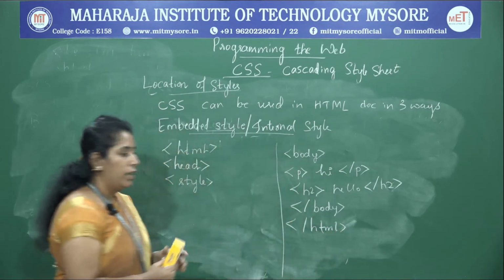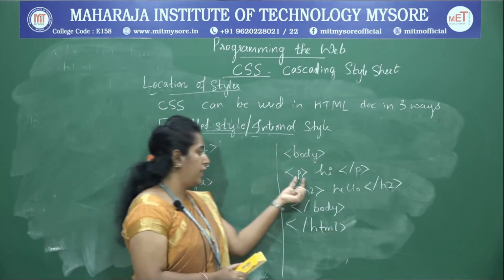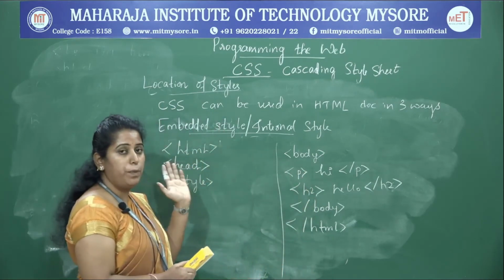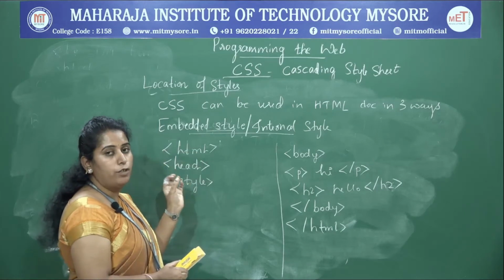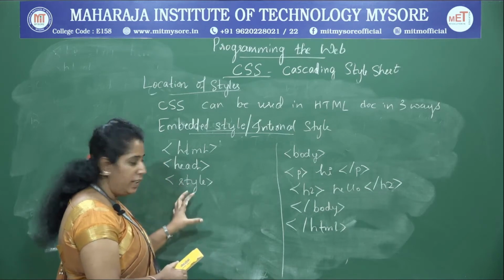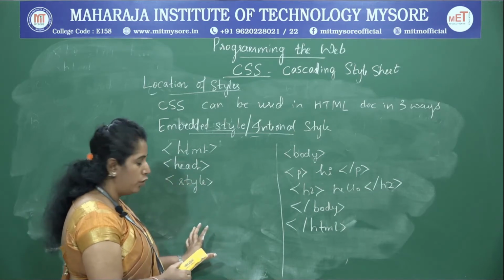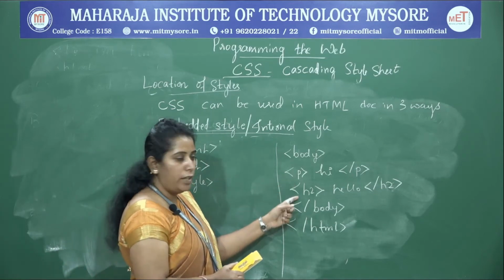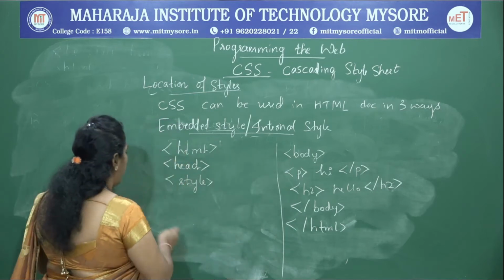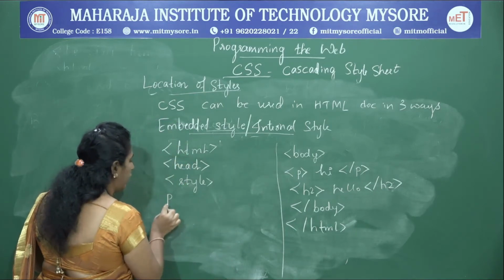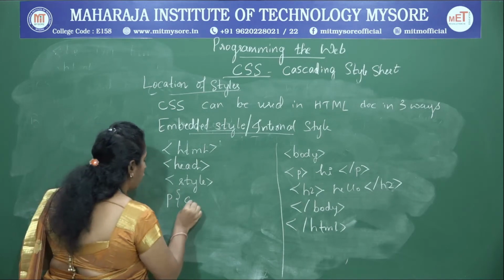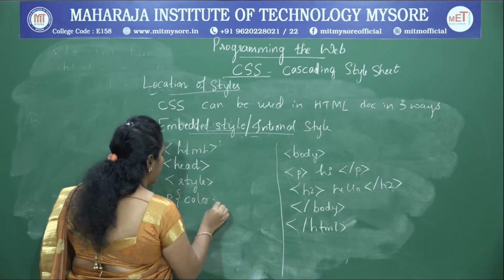Whereas in inline style you were setting the style inside a tag only, is it right? So now we are supposed to implement embedded style. It means you have to define a style for a single HTML document. So that has to be done in the head part of your HTML document. So which are all the tags you have given in the body? Paragraph and H2, right? So now how you have to write: write your tag P, then open the curly braces. Now which color you want? Color green.